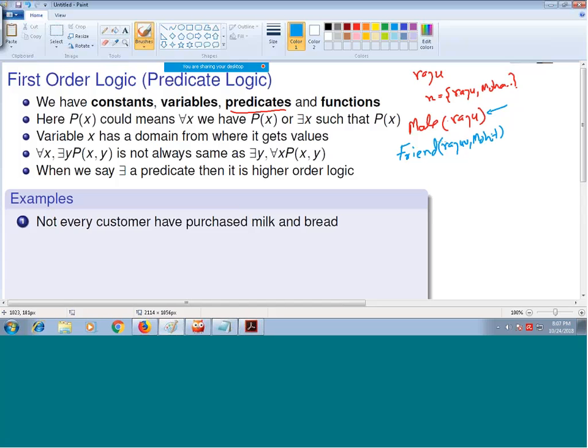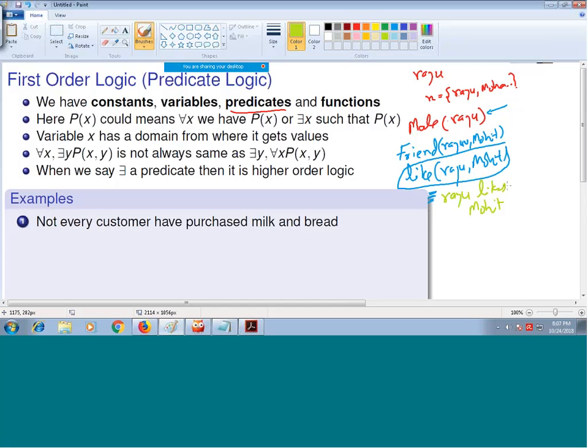Say I write like Raju Mohit. Then I have to specify what it means, and in every case I have to specify this. This is syntax and semantics. When we write like Raju Mohit, it is only the syntax part, and when I tell what it means, it is the semantic part. Here it means that Raju likes Mohit.